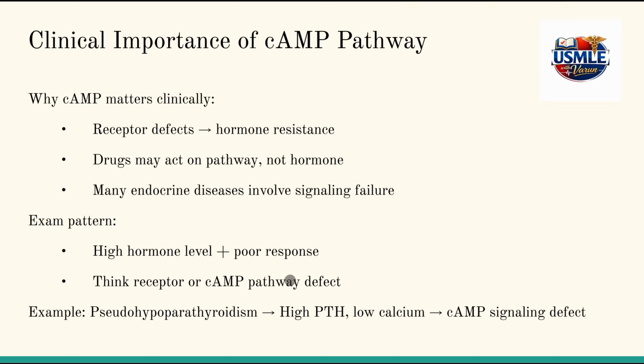Despite high PTH levels, there is still low calcium, most importantly because of a cyclic AMP signaling defect. Many endocrine diseases involve these defects in receptors or cyclic AMP pathways.